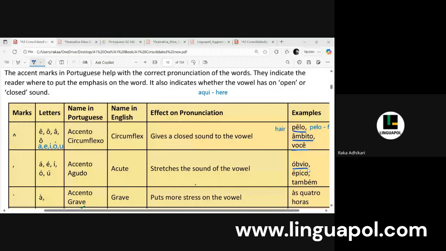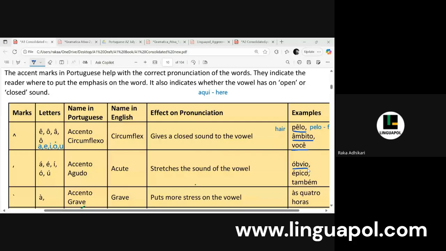When we are pronouncing anything with an accent, in the speaking itself, it should reflect that the word has an accent, and it should also reflect which accent it has. If we have acento agudo, then we have to stretch the sound of that particular vowel. If we have acento circunflexo, then we close our mouth and we make a very short sound of that particular vowel. So it should show in your speaking as well.